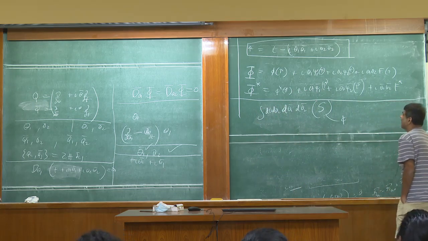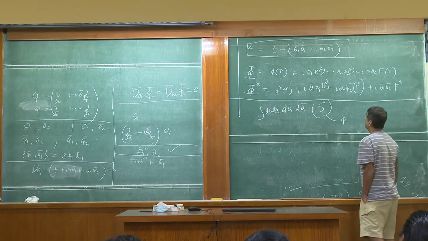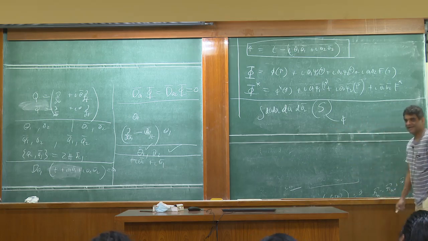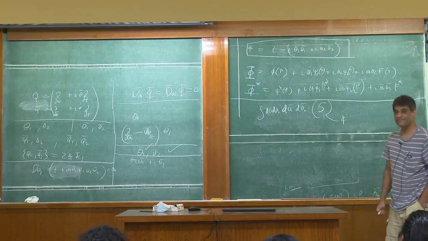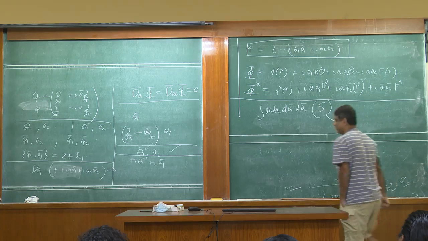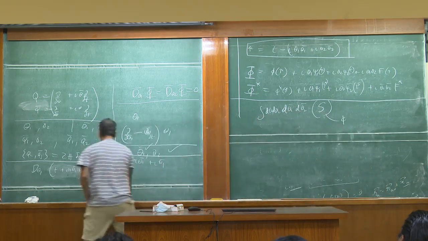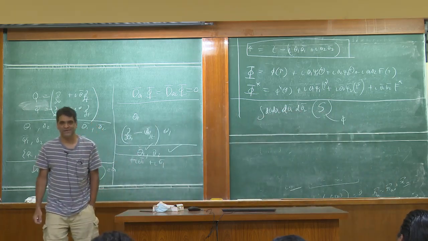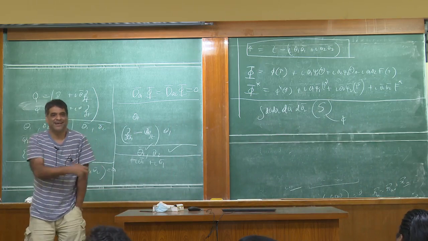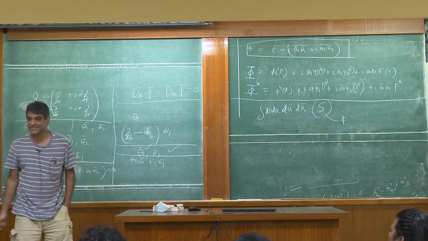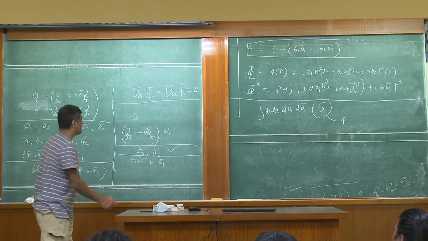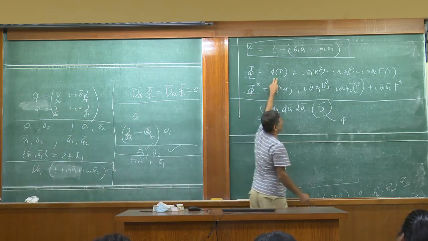Okay. Now, what we need here are terms with 4 thetas in order to get this clicking. So let's first look at what we get from phi.